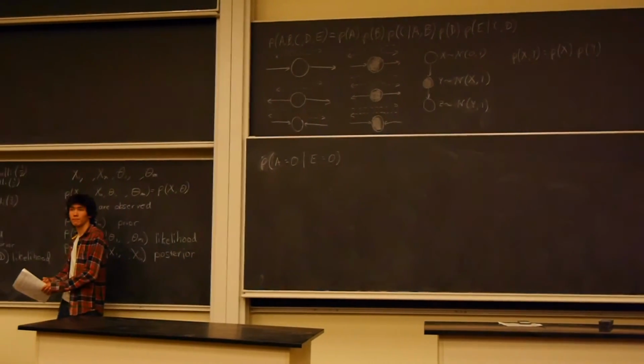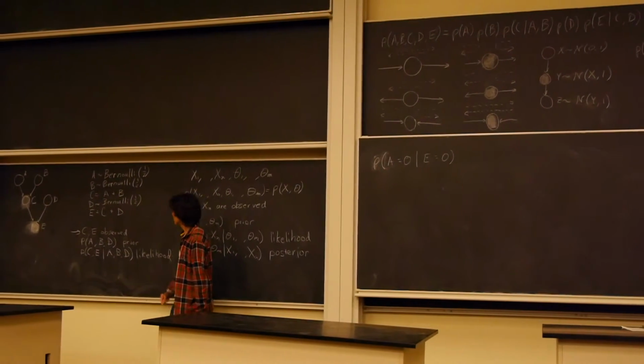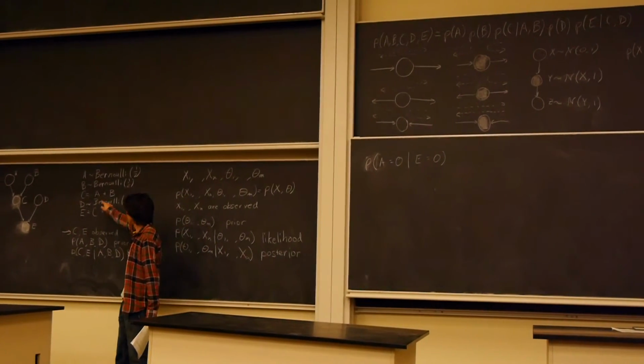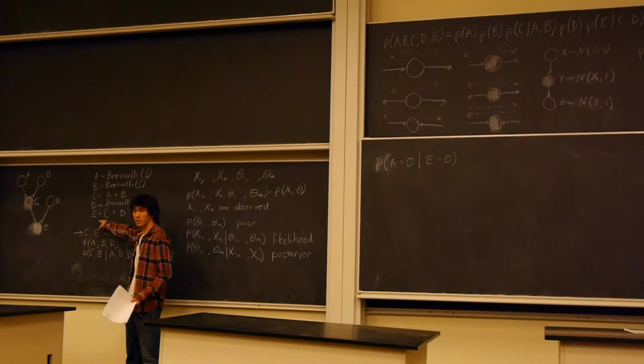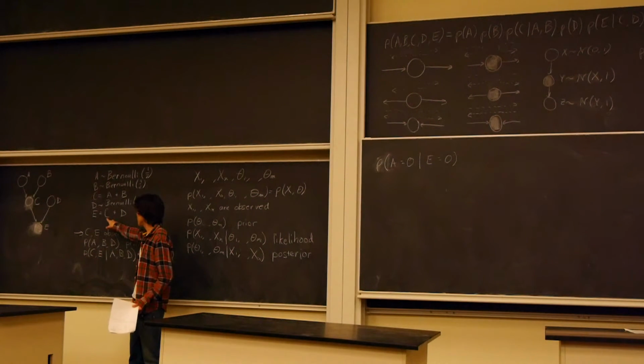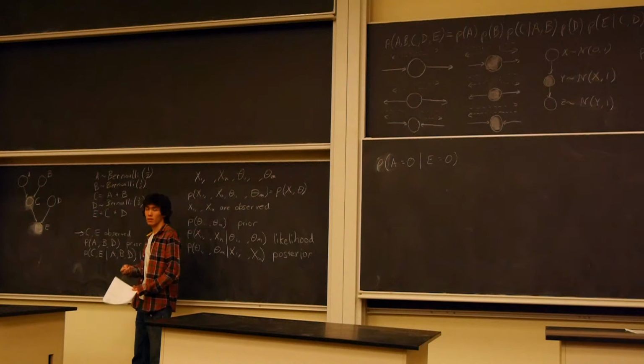It should be possible only when B and D both are 0. Yeah. So if E is 0, that means that C plus D is 0, but each of C and D can only take a non-negative value.